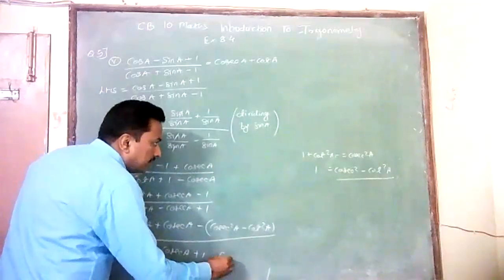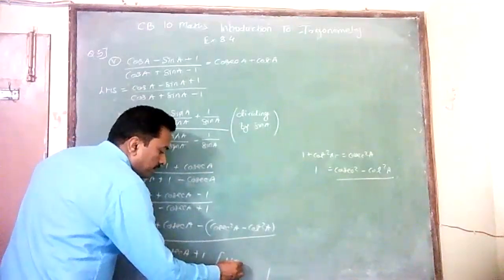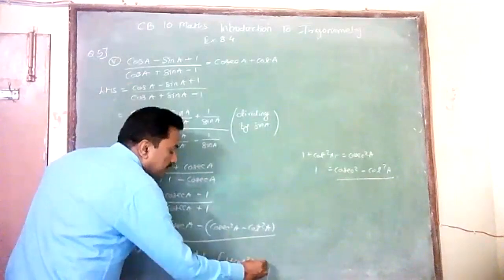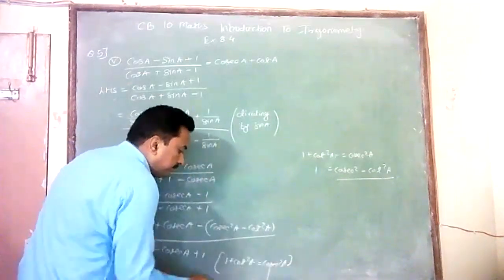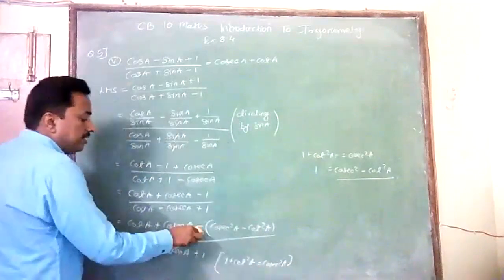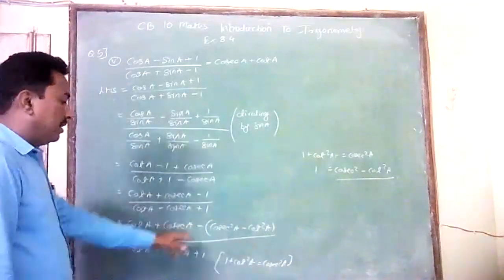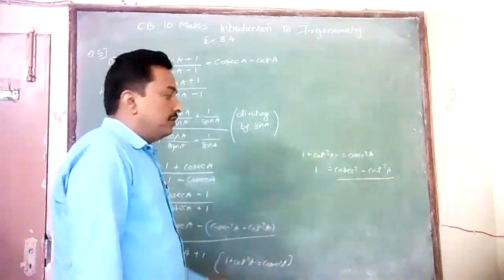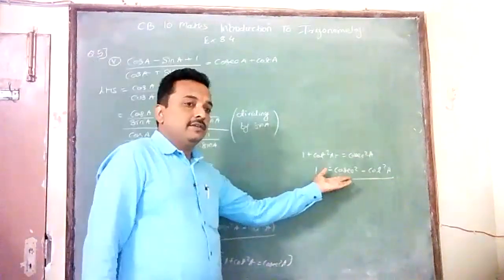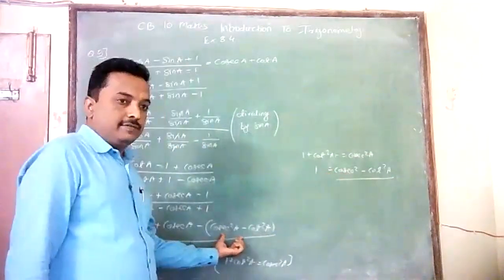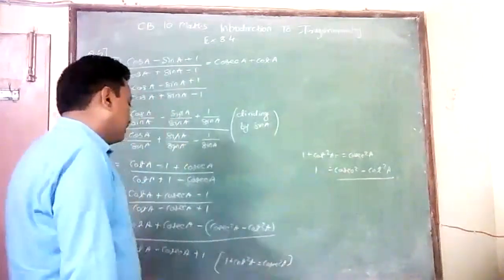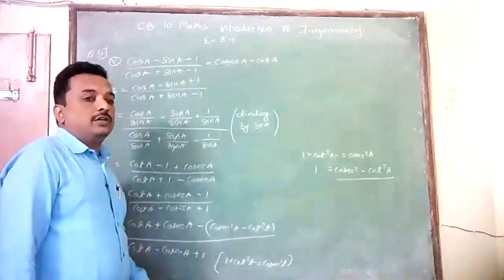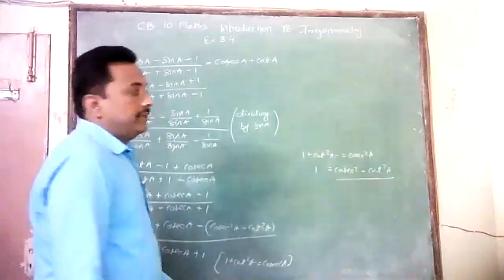The reason लिख लेना. 1 plus cot square A is equal to cosec square A, so 1 is cosec square A minus cot square A. ये माइनस ही है ना? 1 की जगह वैल्यू डाली ना? नहीं लिखने का उधर, एक ही जगह डालना है.